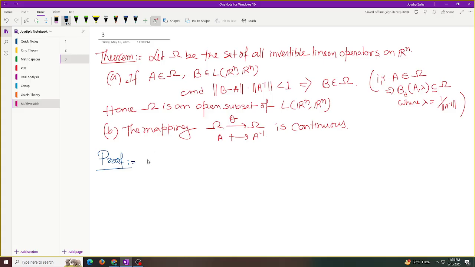So our lambda is 1 by norm A inverse. Okay.